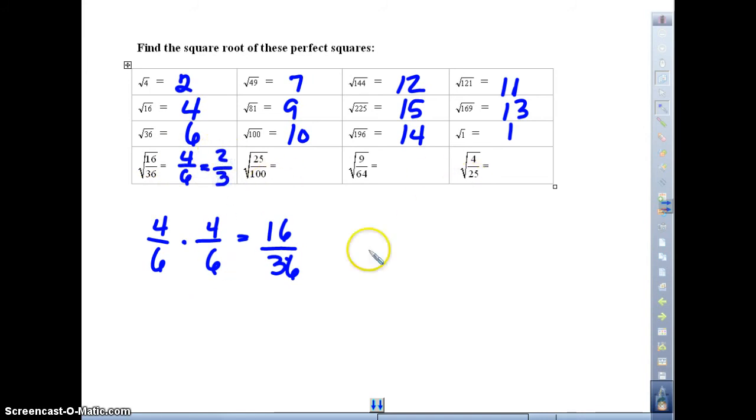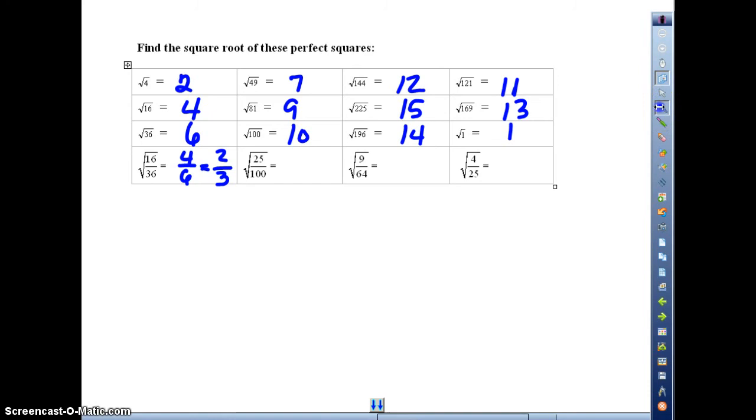Let's see what you get. What fraction times itself gives you 25 over 100? Yeah, that's going to be 5 over 10. And of course, you know we're going to reduce. Right here, what number times itself gives you 9 over 64?